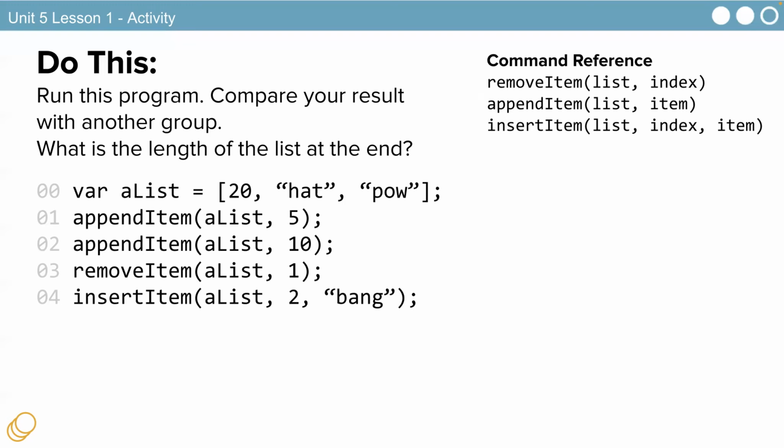Oh yeah, 20 pow 5. Wait, 5 and 1. No, wait, that's already removed. So we got removed. Okay, 20 pow 5 10, 20 pow 5 10.